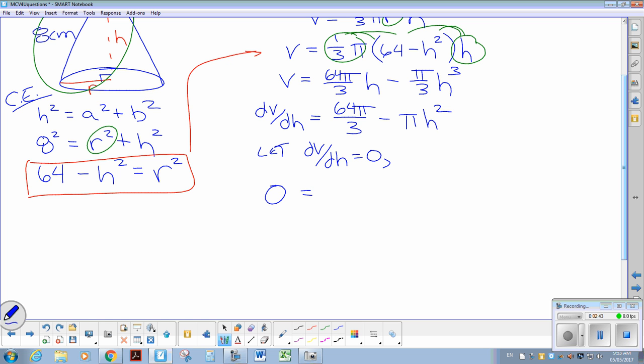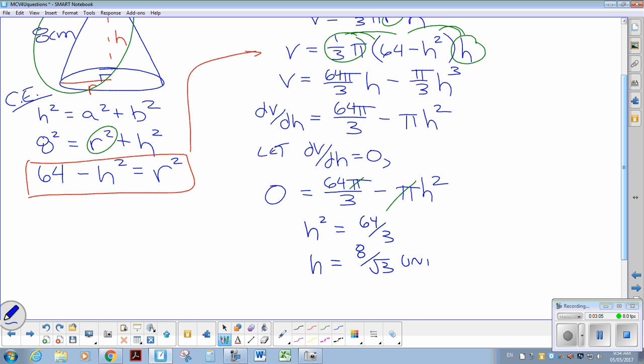So 0 equals 64 pi over 3 minus pi h squared. Each term has a pi, so that's going to save some time there. So that means that h squared equals 64 over 3, or h equals the square root of 64, which is 8, over root 3. I think it's just in units.